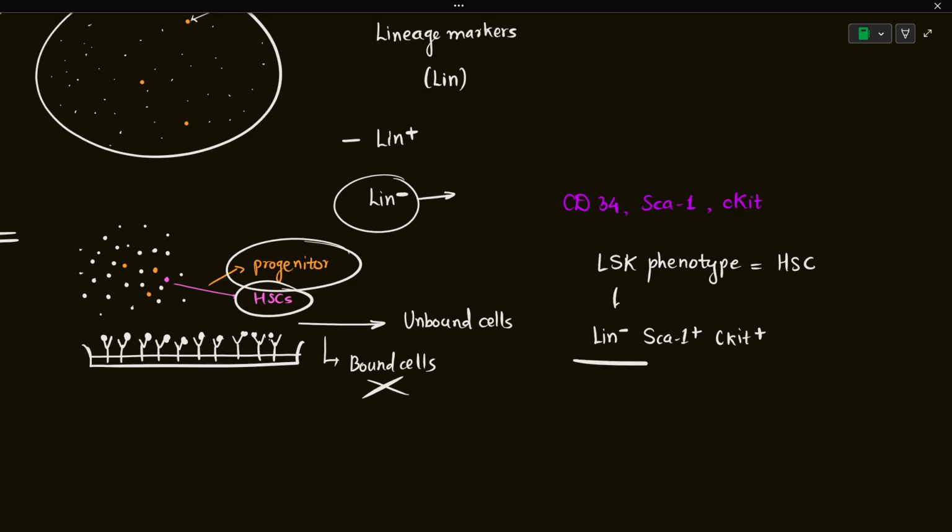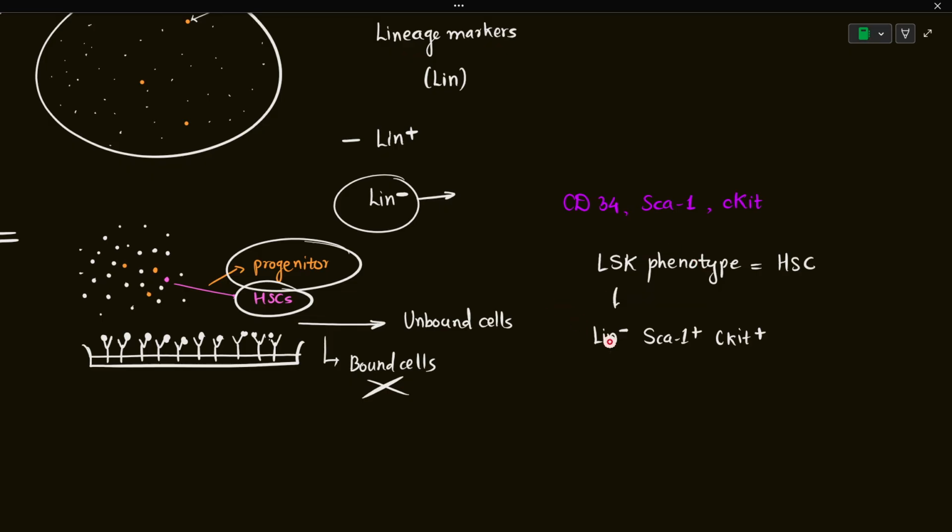If a cell has all those three characteristics, it does not express the Lin markers, it expresses SCA1, and it also expresses c-KIT, then that cell is a hematopoietic stem cell. So nowadays, for isolating hematopoietic stem cells, researchers look for the LSK phenotype.